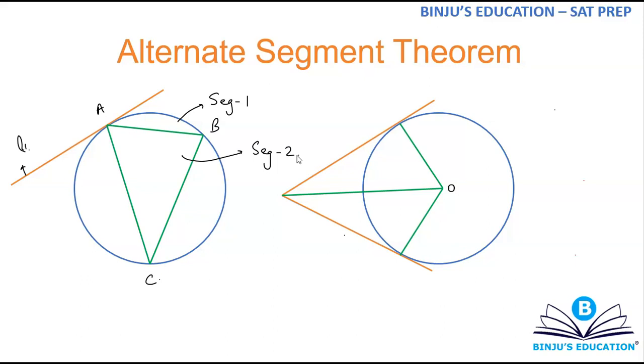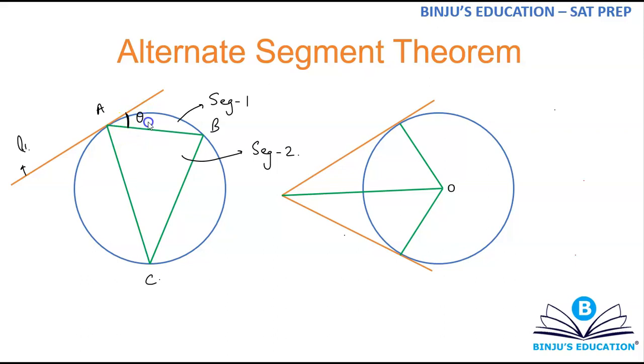So what this alternate segment theorem says is that, let's say a chord of a circle and a tangent to a circle makes an angle of theta in one segment of the circle. So this L1 is a tangent and it's tangent at point A. So let's say in segment 1 they make an angle theta.